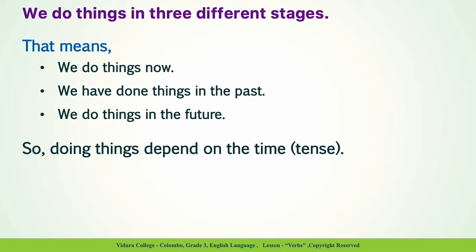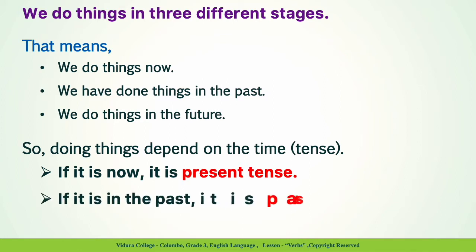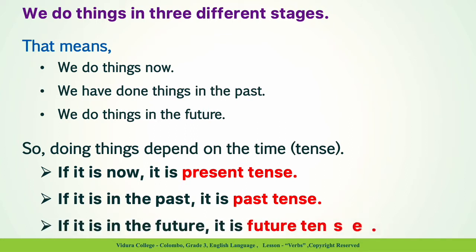So, my dear children, if we do things now, it is called present tense. If we did things in the past, it is known as past tense. And if we are going to do things in the future, it is called future tense.